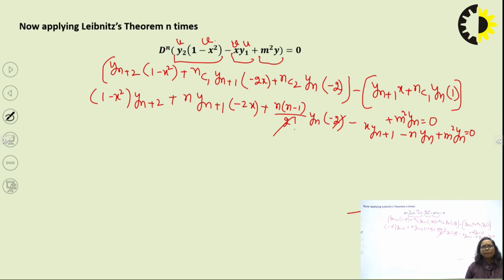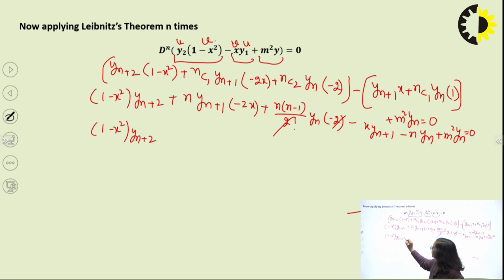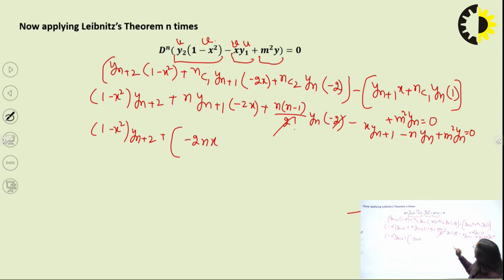Now we just need to combine the coefficients of yn plus 2, yn plus 1 and yn. So for yn plus 2 we have only a single term, writing like this 1 minus x square yn plus 2. In the second bracket, we need to combine the coefficients of yn plus 1. So here it's minus 2nx and here it's minus x into yn plus 1, which we have taken common out.